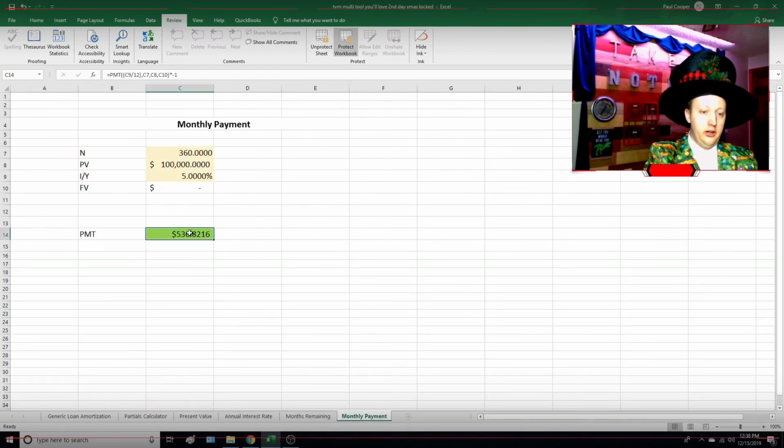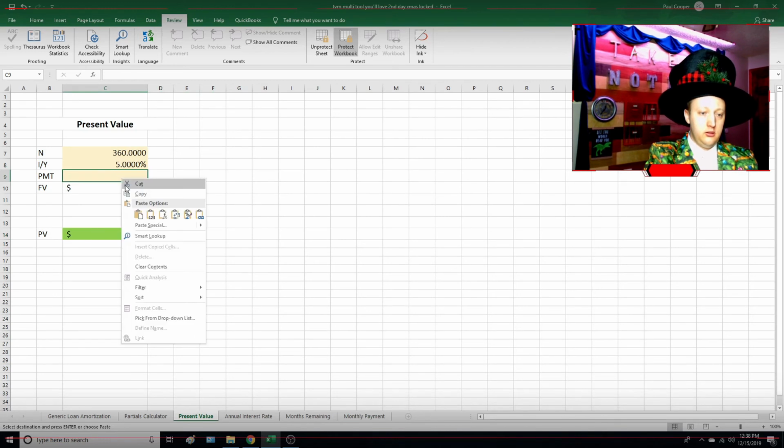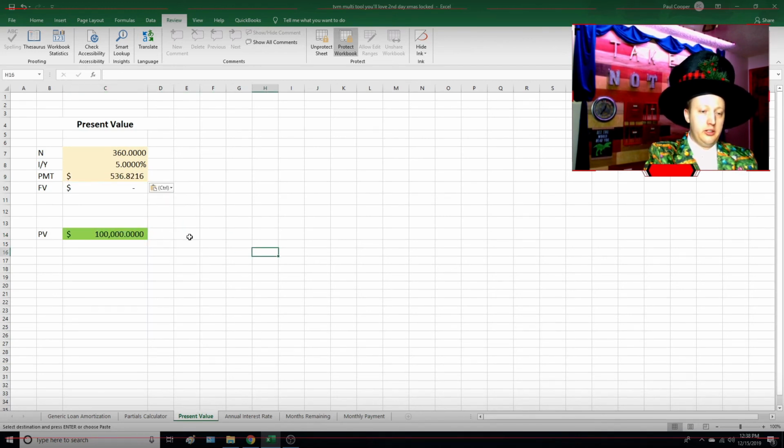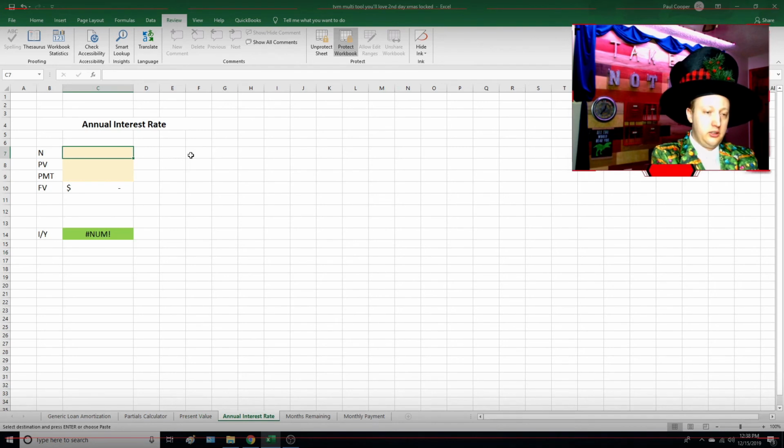Then we'd go over here and get our payment. It calculates $100,000 for us. And so if you have most of the items and you just need to calculate one, you can do that through all these. So in this example, again, 360 months, present value is 100,000.